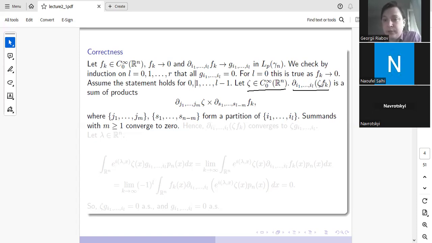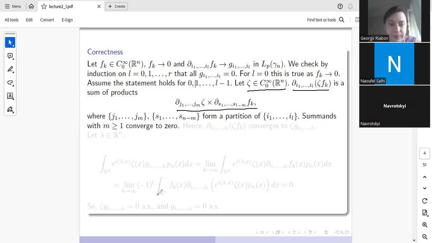If we differentiate the product L times, we will get a sum of products of derivatives of such a kind. Here zeta is differentiated by some set of indices, and fk is differentiated by another set of indices that together form a partition of i1, ..., iL.